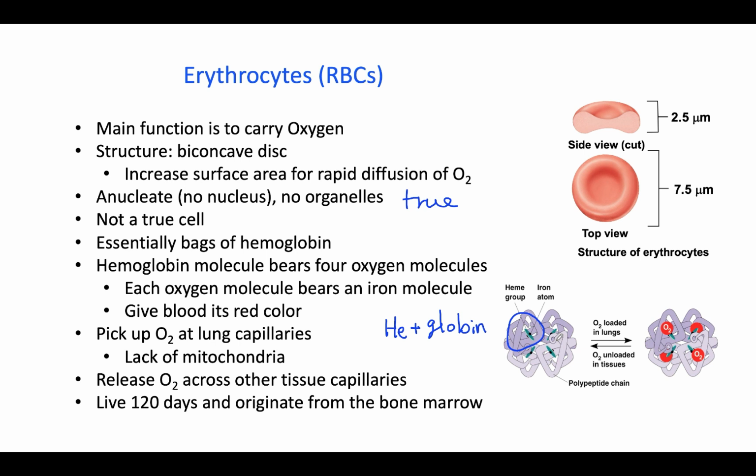So oxygen just binds to heme group, flows through the bloodstream, and delivers oxygen to tissue cells or capillary blood. The lifespan of a red blood cell is about 100 up to 120 days, and red blood cells originate from bone marrow.